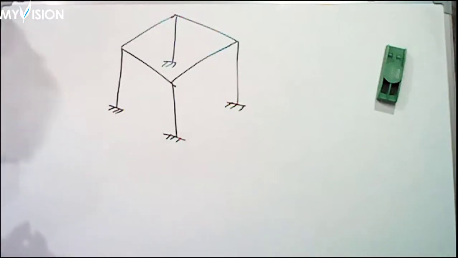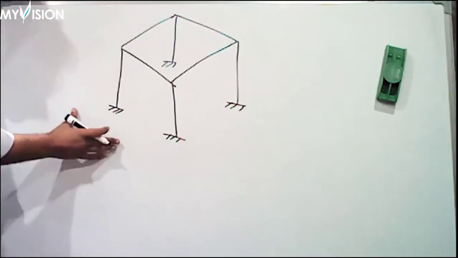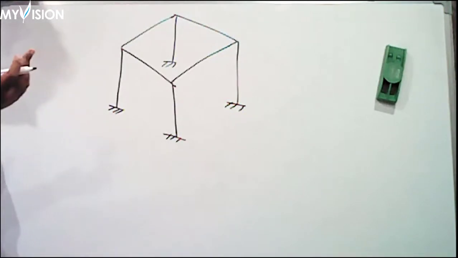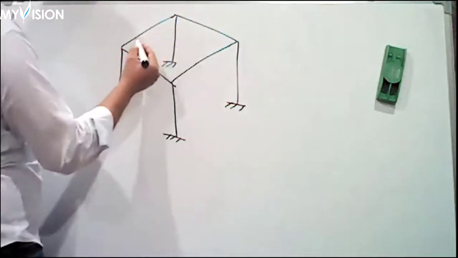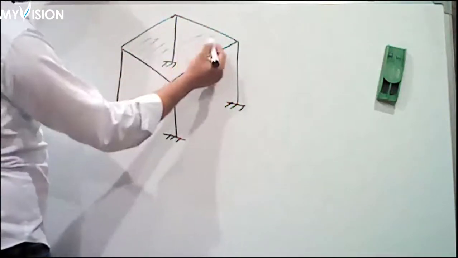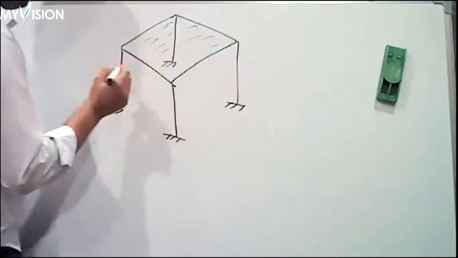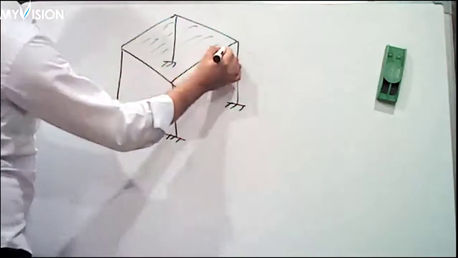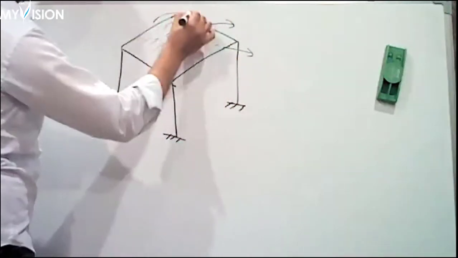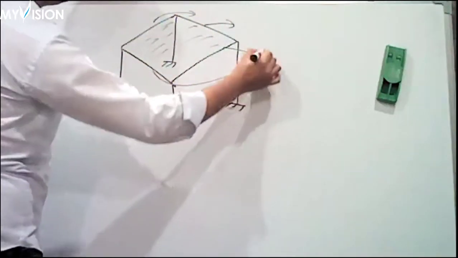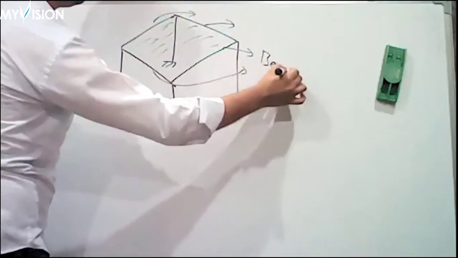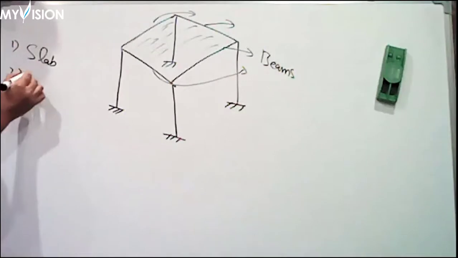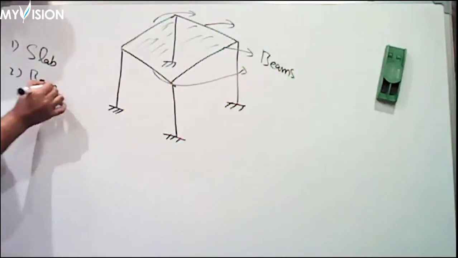Listen, dear students. This is a frame of, for example, a room. This is the slab, the shaded part. Then these horizontal lines, the first one and the second one, are beams.